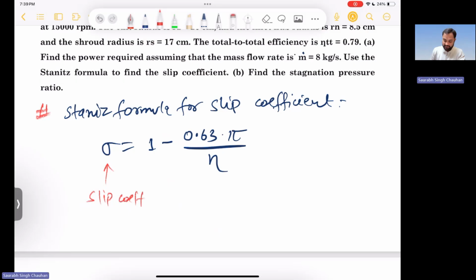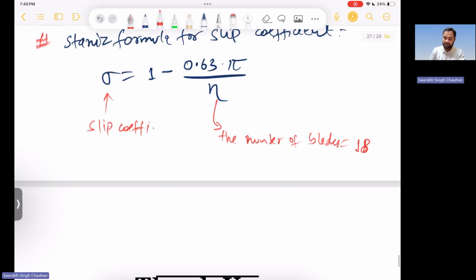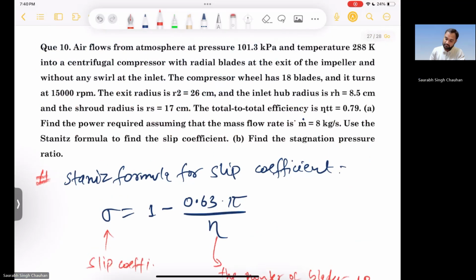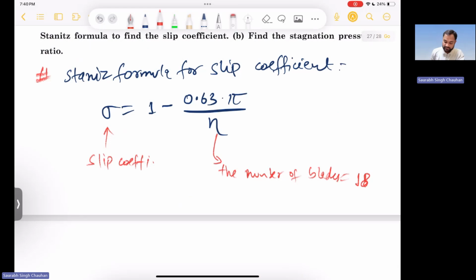Sigma is the slip coefficient, and n is the number of blades, which is 18 in our case. So from here you can calculate sigma, and it will come out to be 0.89. So now you have the slip factor.